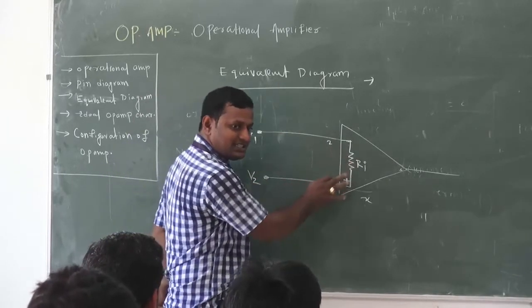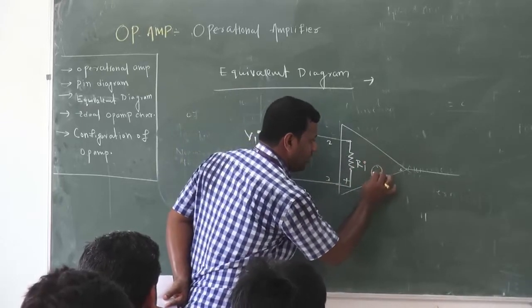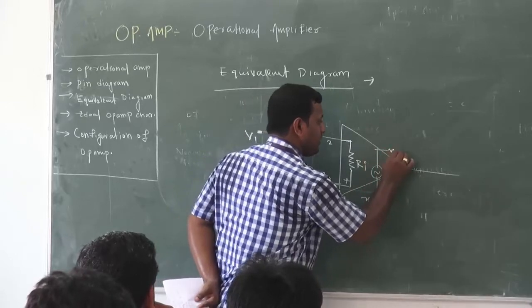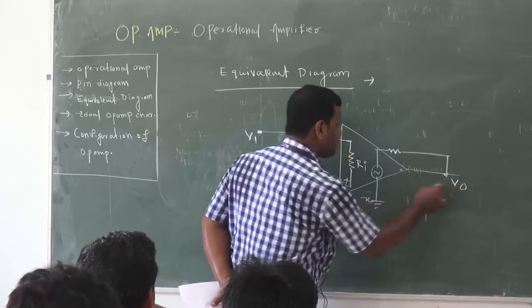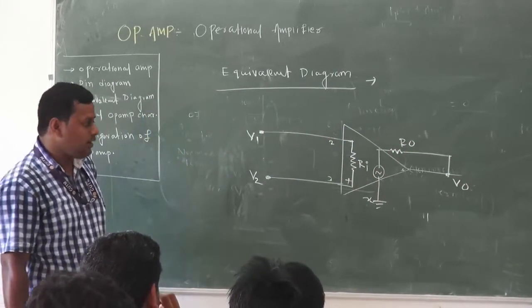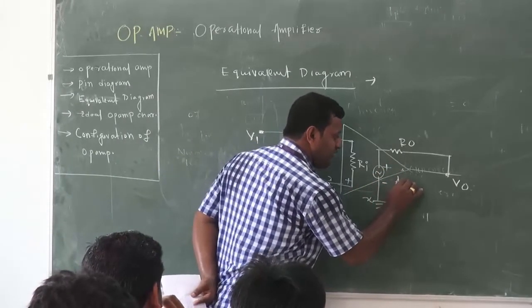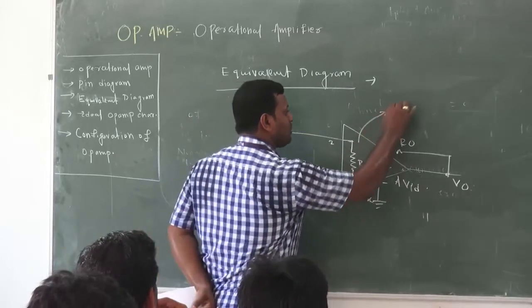Inside the op-amp there is a resistance, and here I can draw like this. This is V0, and in the op-amp there is an output impedance R0 and a voltage source A times VID, where A is the gain of the amplifier.